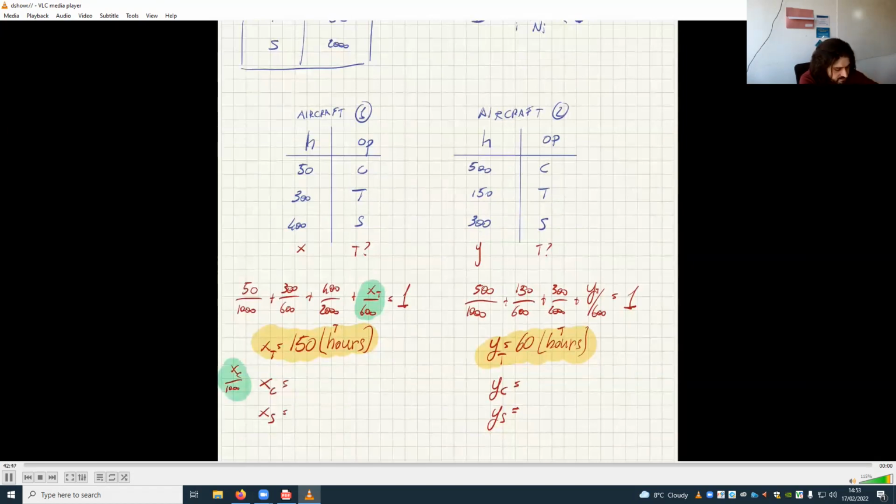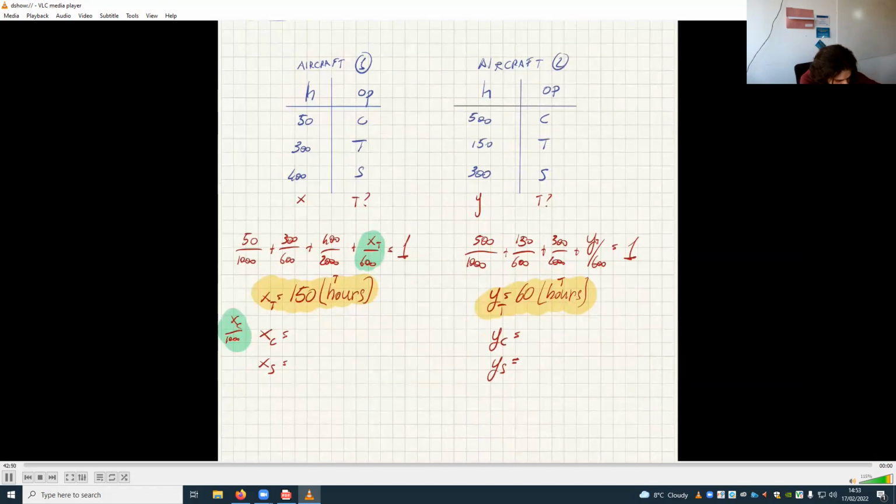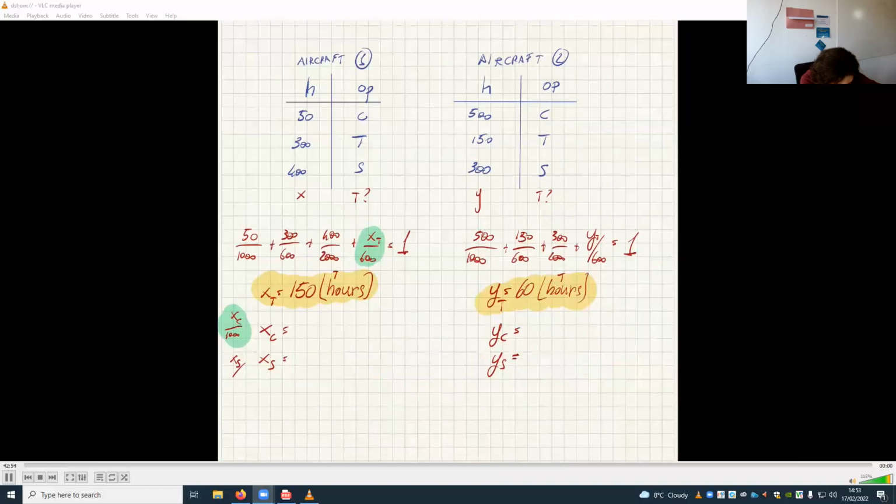That's the only change. And in this equation, this term is XS over 2000. And exactly the same change would be for the other one.